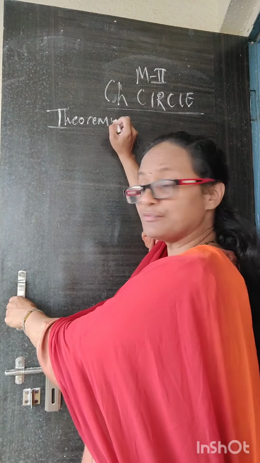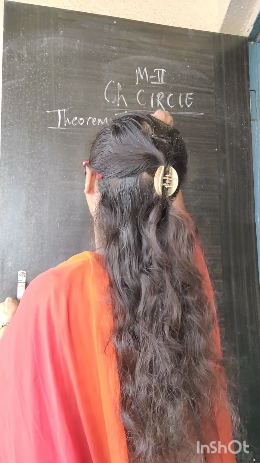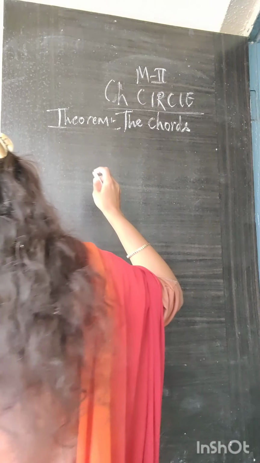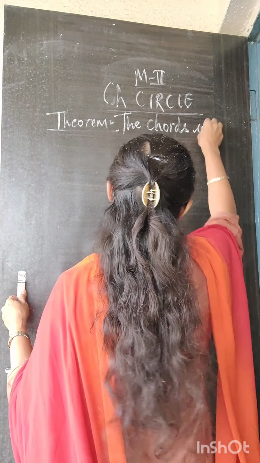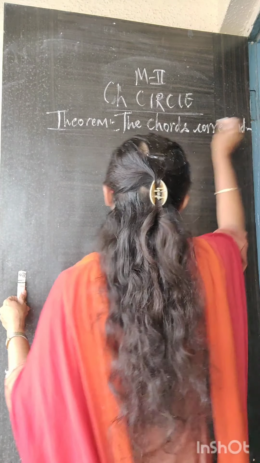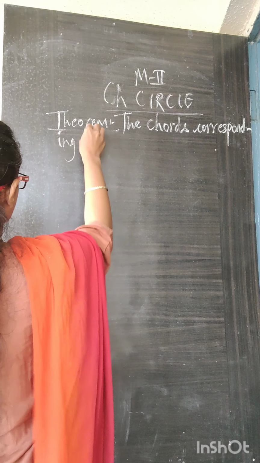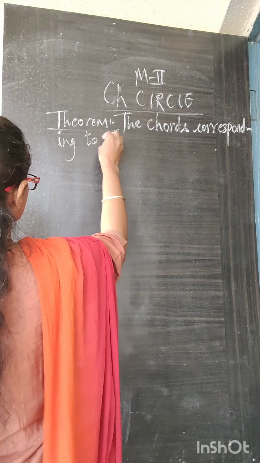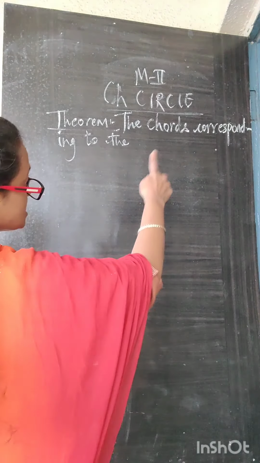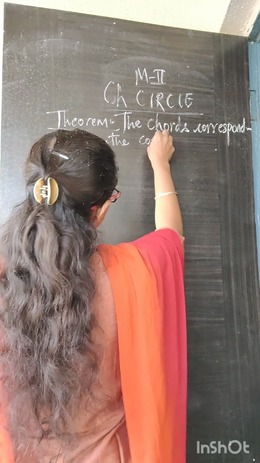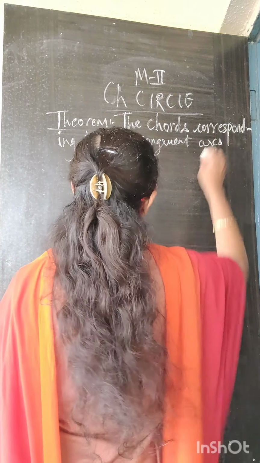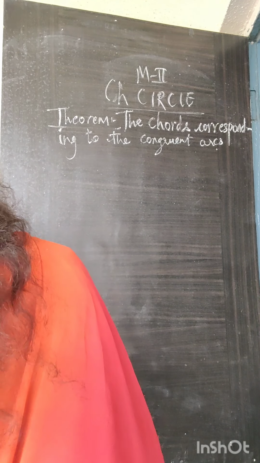What is the statement? First of all, copy the statement. The chords corresponding to the congruent arcs of the same circle or of two congruent circles.